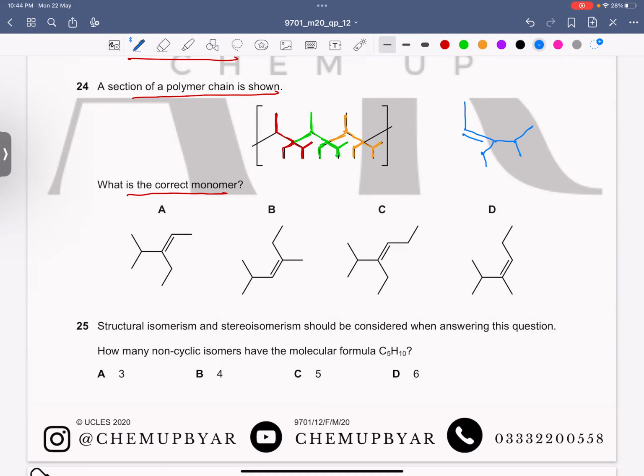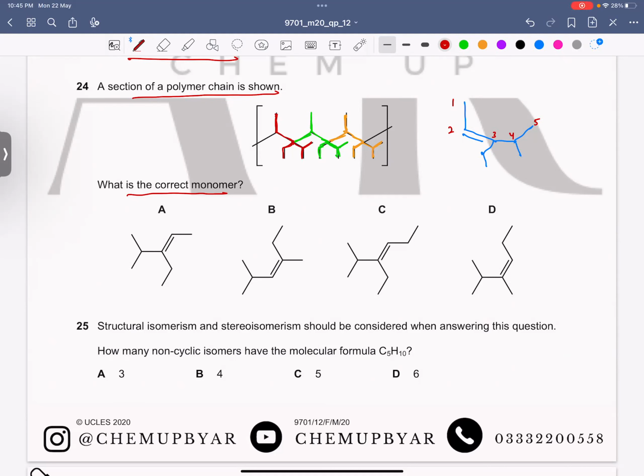The double bond, if you see from one side, is on the second carbon, right? And the branch is on the third carbon, and then there is a branch on the fourth carbon as well. The third carbon has a branch containing two carbons, and the fourth carbon has a branch of one carbon.